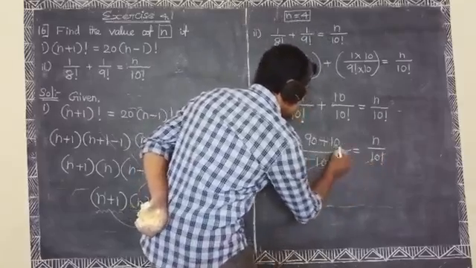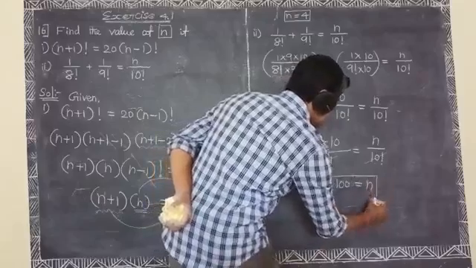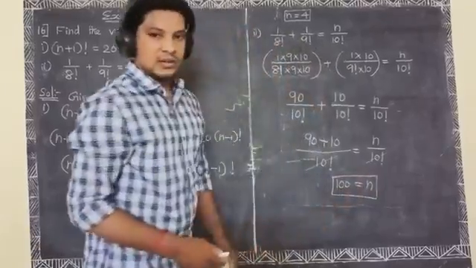Therefore 90 + 10 is 100, which is equal to n. So n is equal to 100.